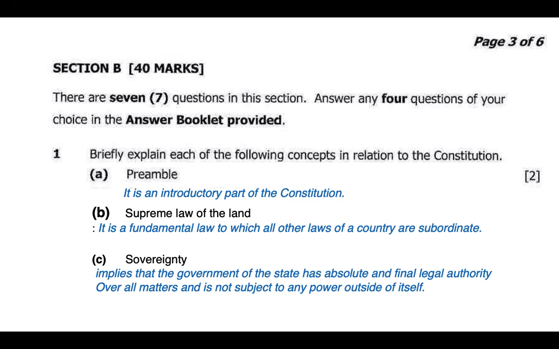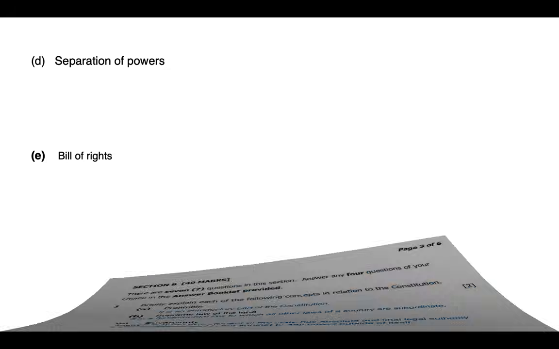So let's look into question D, separation of powers. When they say separation of powers, they mean a principle that states that the 3 organs of the government, the legislature, the executive, and the judiciary, must work independently.